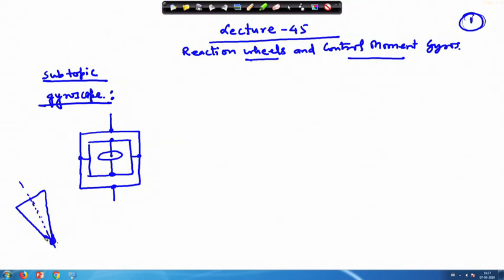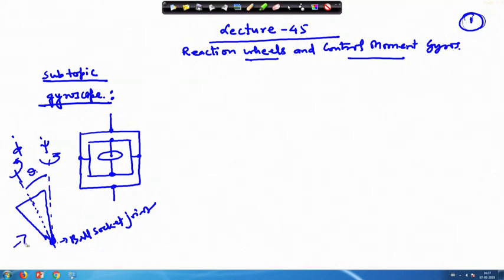It is pivoted here with a ball socket joint, displaced from the vertical by angle theta and spinning about this axis by angle phi. We drew it on the right hand side last time. It does not matter whether it is on the right or the left hand side.